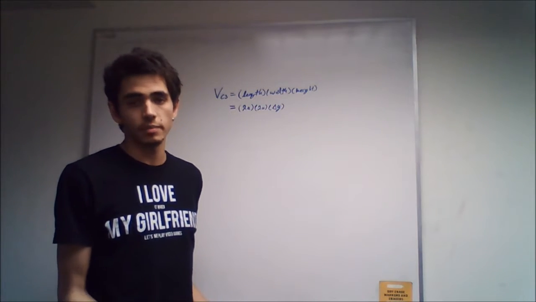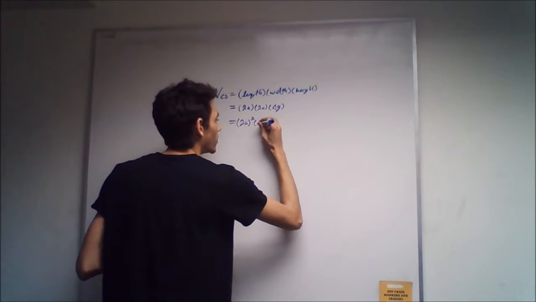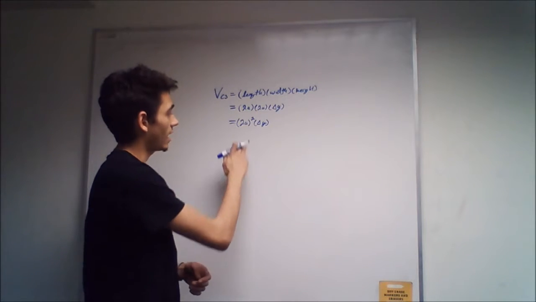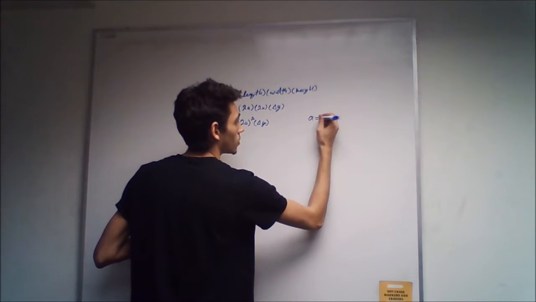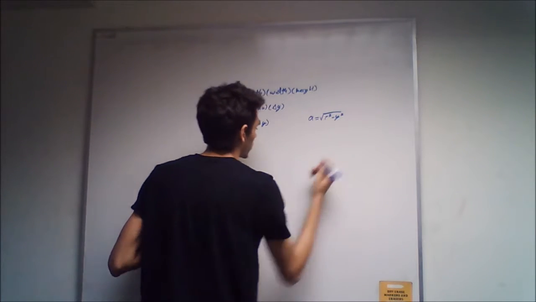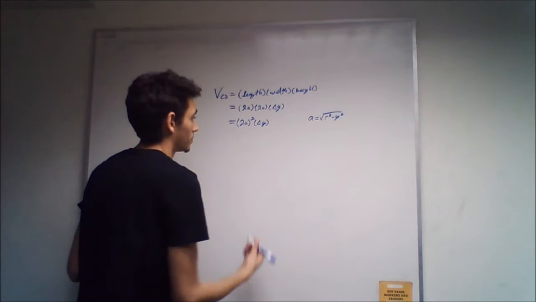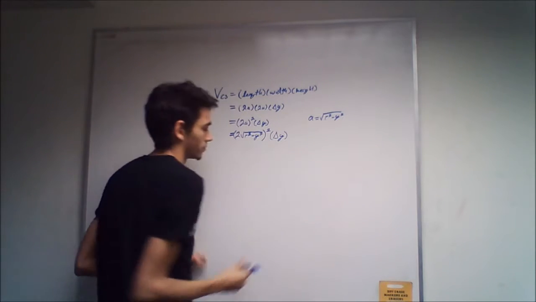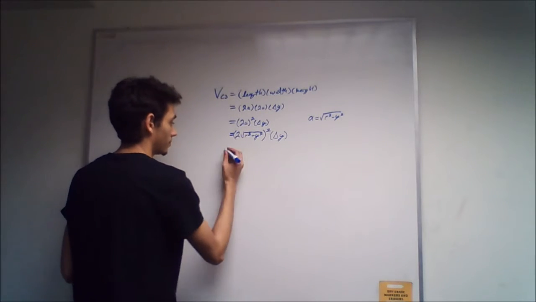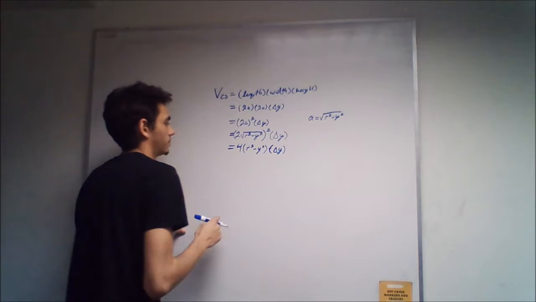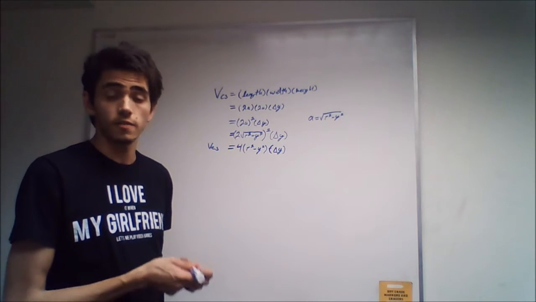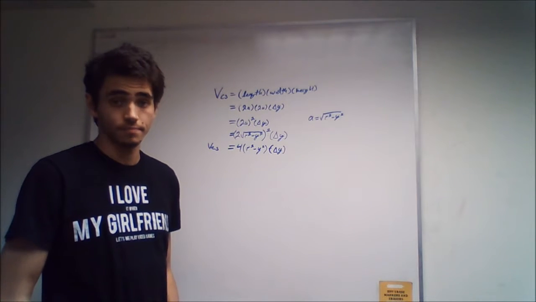Now if we clean things up a bit, as Joey said earlier, a equals the square root of r squared minus y squared. So we can substitute that in. Now we can simplify. That is the equation of the volume of our cross-sectional slab.